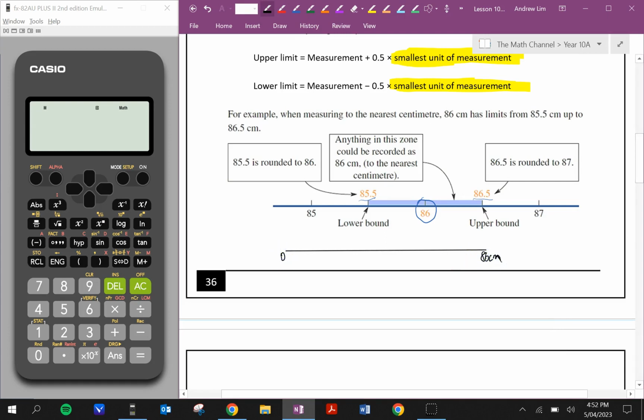But in reality, is it actually 86? In reality, it's somewhere between 85.5 to 86.5. We don't know where it is, but it's somewhere between there. So this here is our lower limit or lower boundary, and that 86.5 is our upper.